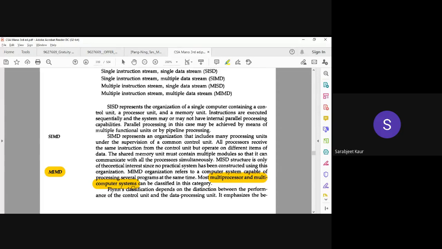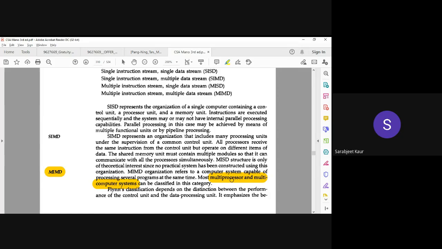So not just multiple ALUs, but there are also multiple control units. That means we have complete multiple CPUs, multiple processor systems which are working together to solve a particular problem.